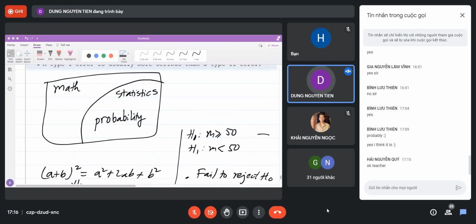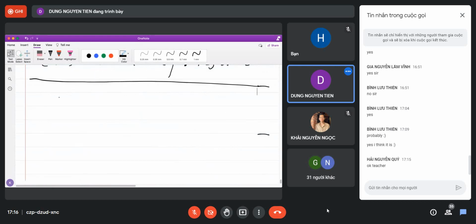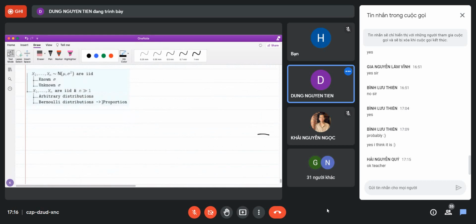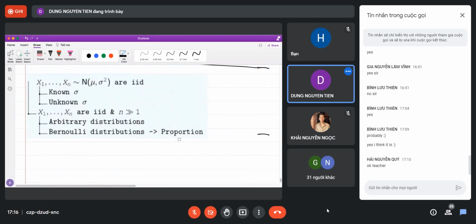here is the outline of what we are going to study. It is very similar to what we learned in the previous chapter. All the xi are independent, and they follow a normal distribution with the same mean mu and the same variance sigma square. The first case is that you know sigma square.